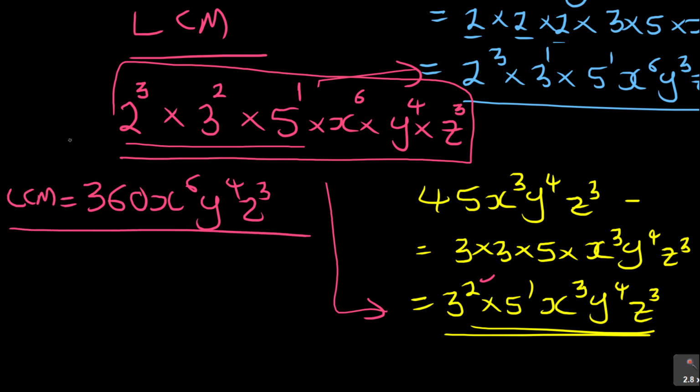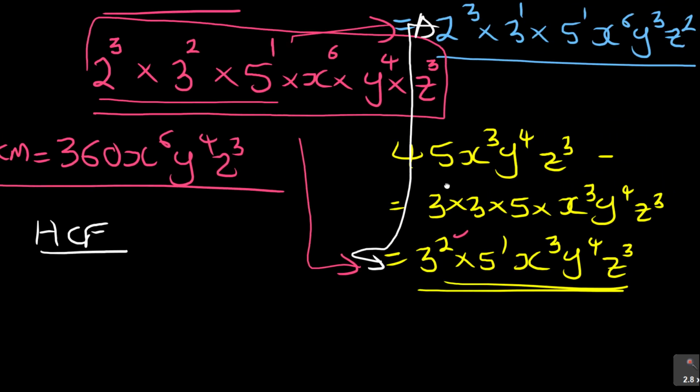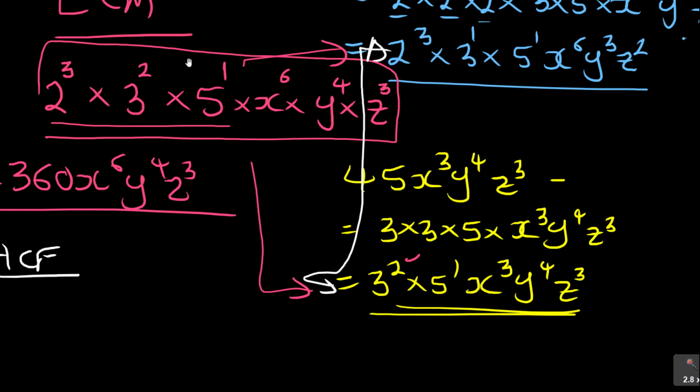That's the first part. Now, how do we find our highest common factor? Again, we are looking at our two expressions there. The highest common factor, HCF, it's also like this. You're no longer writing each and every term now. You're going to match and compare them, and the one that appears on both is common.